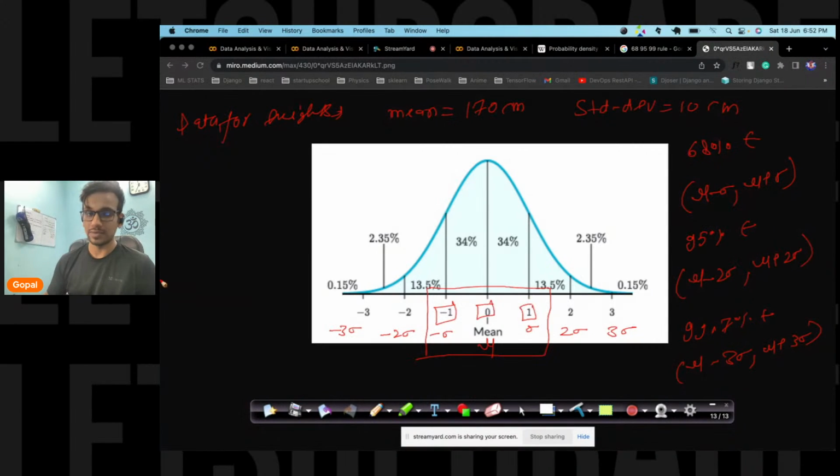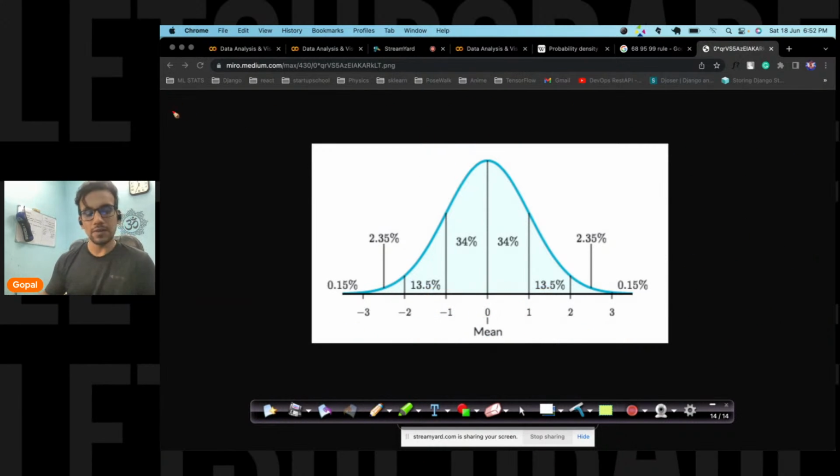Let's say we have this mean value and standard deviation. Now if I ask where 68% of my height data falls, it is between 170 minus sigma, which is 10, and 170 plus sigma, which is 10 again. So 68% of those heights fall between 160 centimeters and 180 centimeters.